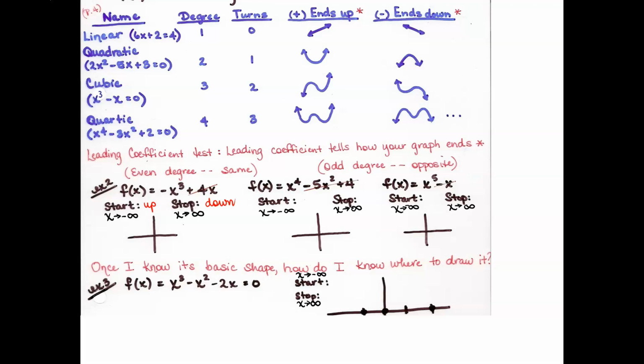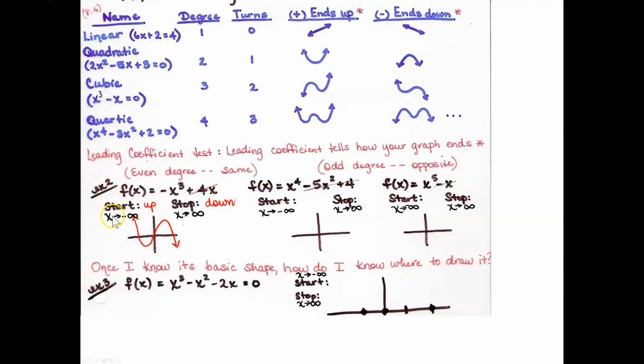Now, another way that they'll express how does it start is by saying as x approaches negative infinity. Because if you think about it, when we're talking about how our graph starts over here, we're talking about what this graph is doing as it's going off to negative infinity.